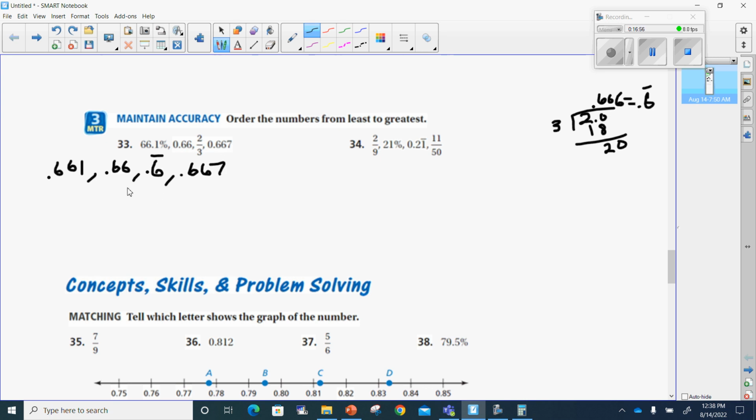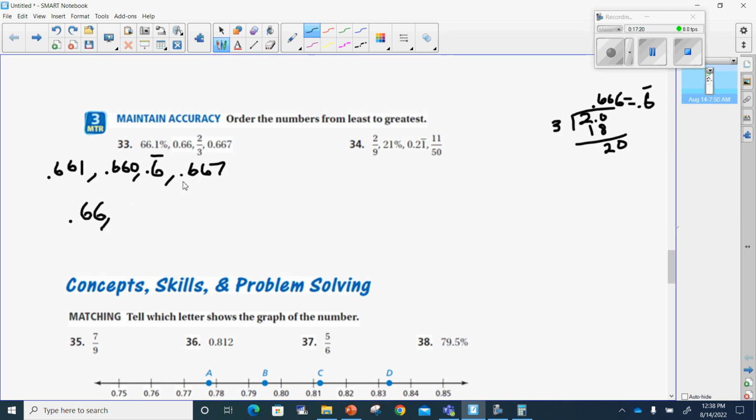Well, it's easy to see the smallest one is going to be this one here, because this ends in 6, and then there's going to be a 0 here. This is 0.661. This one is 0.6666, which is bigger than 0.66, and this is 0.667. So 0.66 will be our first one from least to greatest.